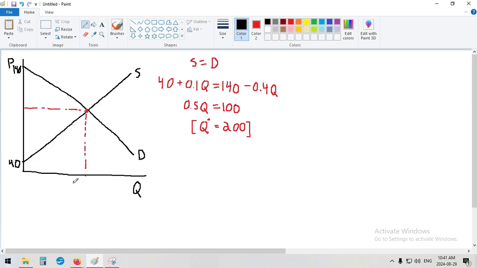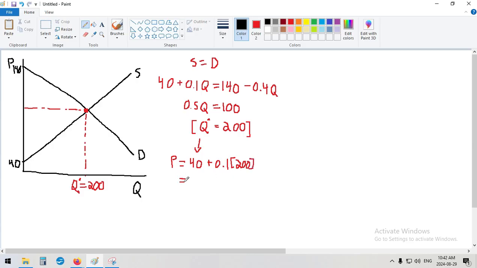So that's going to be right down here. And then once we have that market quantity, we can plug it into either supply or demand. Doesn't matter because they cross at that point. So let's just plug it into the supply curve. Our market price is going to be 40 plus 0.1 times 200.